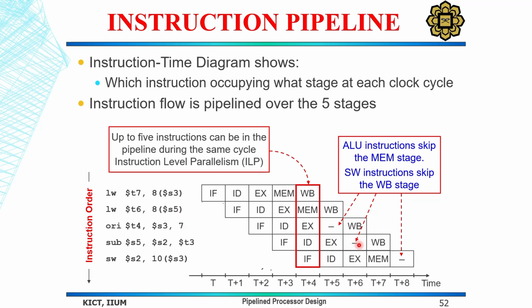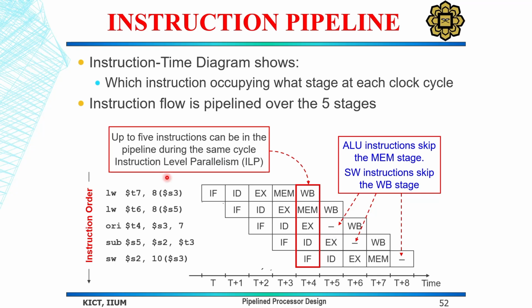And also we see that this instruction is being skipped here. So the store word instruction skips the write back stage. These two are R type ALU instructions, and they skip the memory stage because they do not utilize that component during this clock cycle.